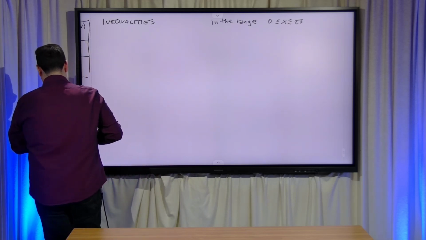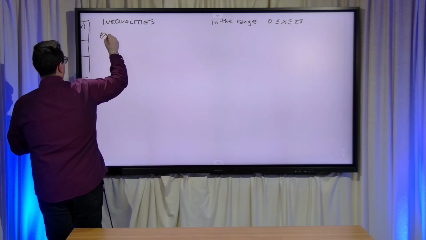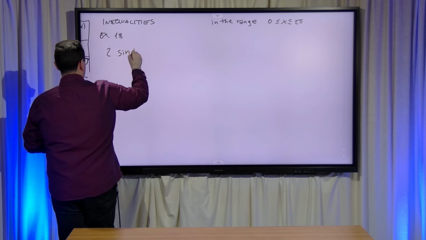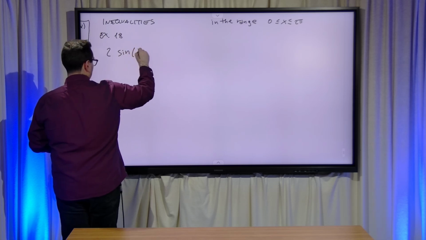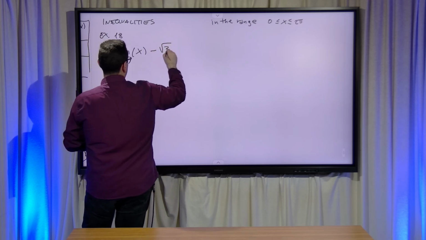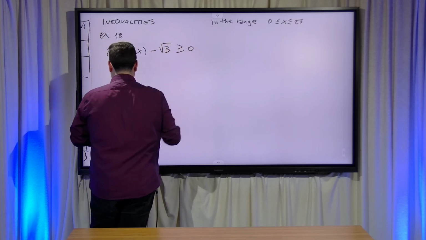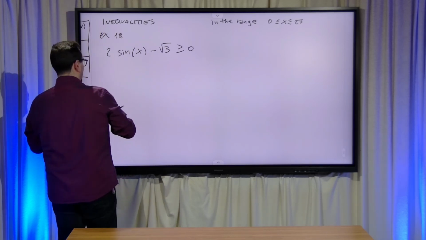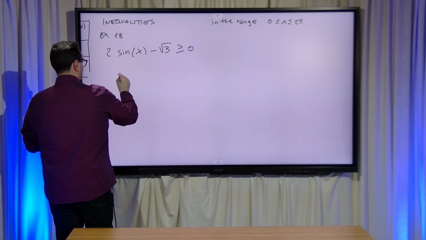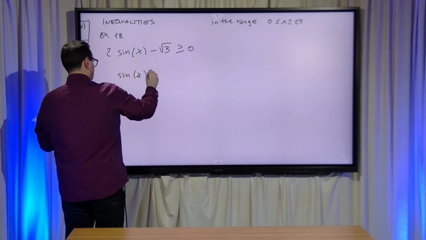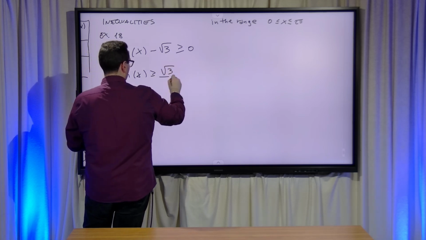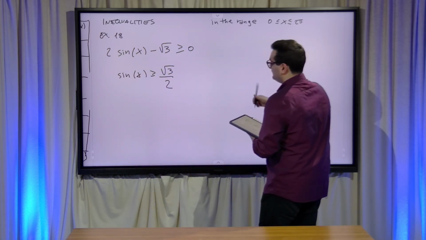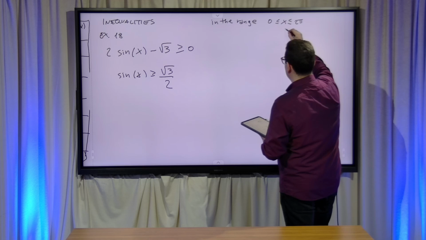So the first one, this is exercise 18. The first one is 2 times sine of x minus square root of 3 greater or equal to 0. Now, okay, let's solve it just by doing some calculation. This is quite obvious.